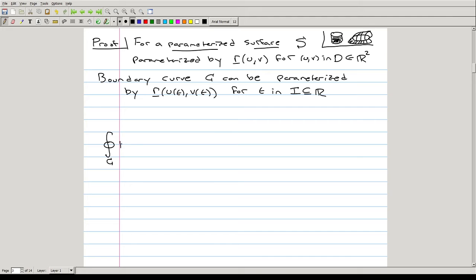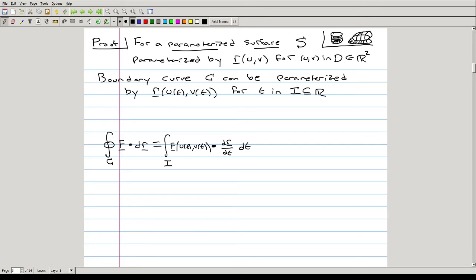We start with the circulation of f dot dr around the boundary C. When we evaluate this, it will be the same thing as the integral over the set I of f of u of t, v of t, dotted with dr/dt, dt.